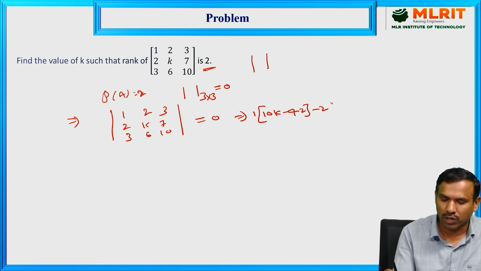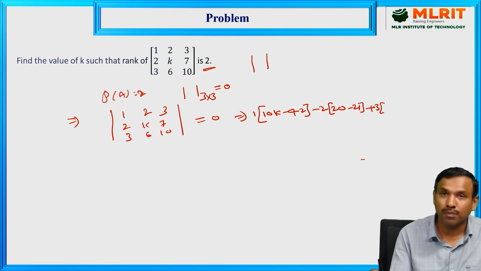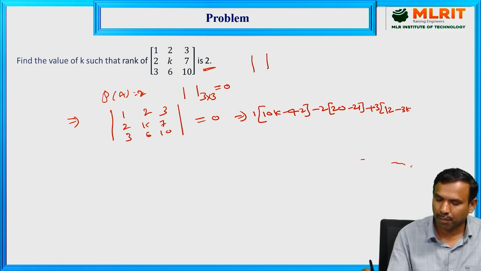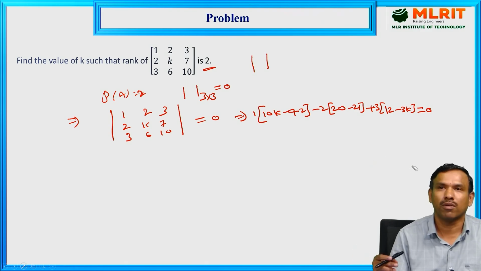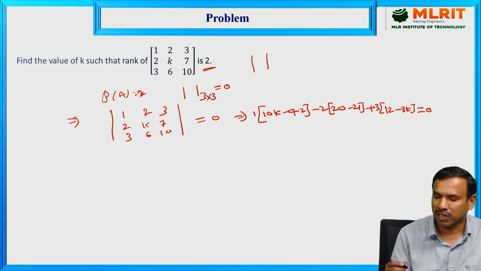Next minus 2 into 10, 20, minus 7 into 3, 21. Next plus 3 into 2 into 6, 12, minus 3k, is equal to 0. Most students make the mistake of equating it to 2, which is wrong. The determinant should be equated to 0, because with rank 2, the 3 by 3 minor must be 0.